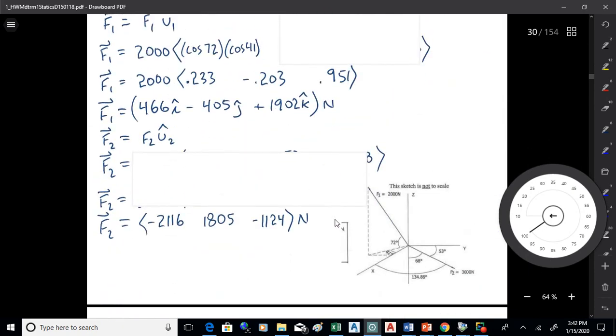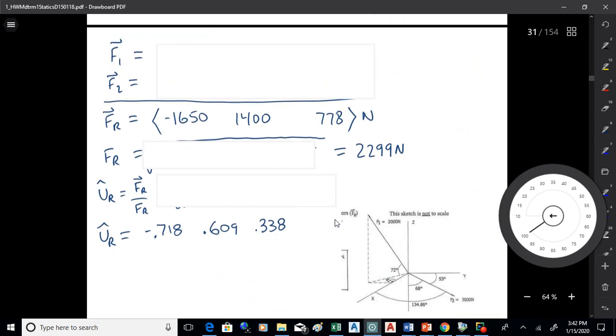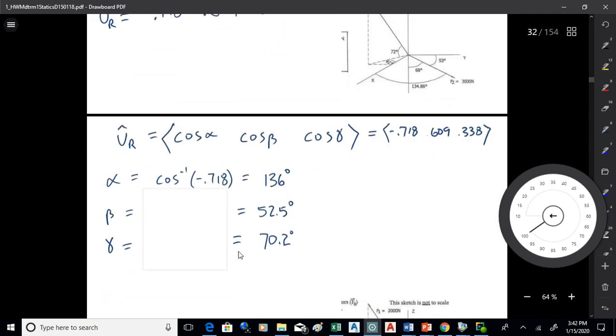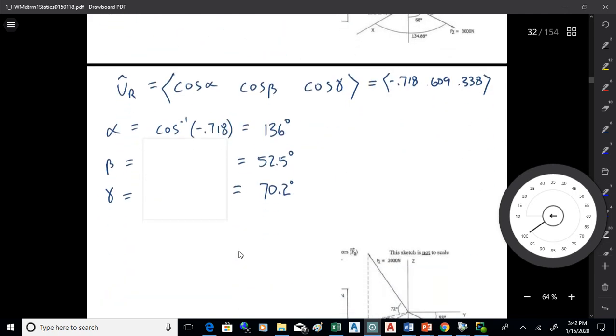Okay, so you get the vectors, you add them up, you get the resultant vector, take the square root of sum of the squares to get the magnitude. To find the angles, you need the unit vector. So you divide through by the magnitude and get the unit vector. Once you have that, you can do inverse cosines to get the angles.